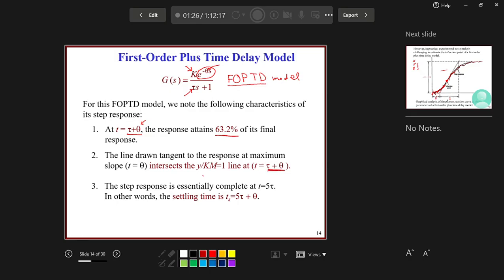Also, if you leave the process for 5 taus, it will reach its steady state value. So the settling time of the process, Ts, is equal to 5 tau plus the delay time. These are properties of the first order plus dead time model that we need to keep in mind when we do the modeling.